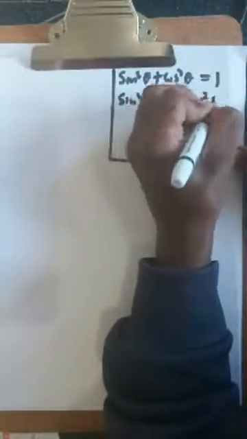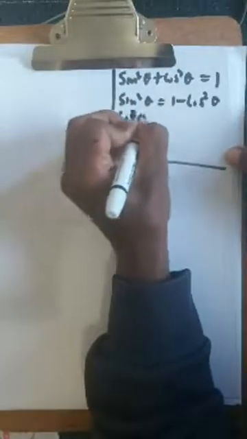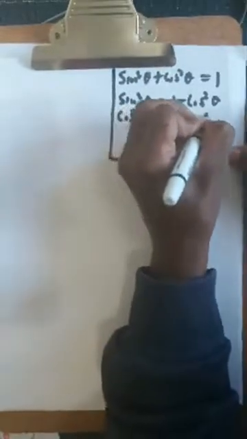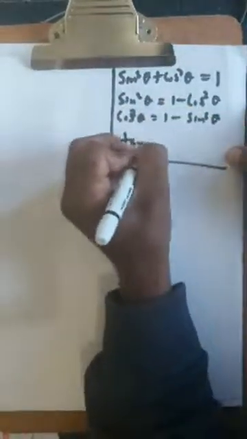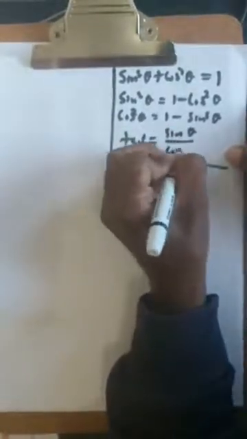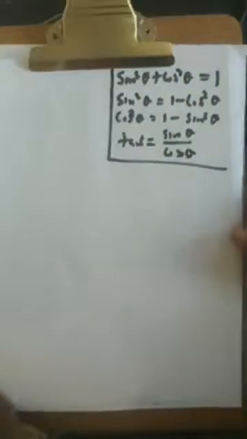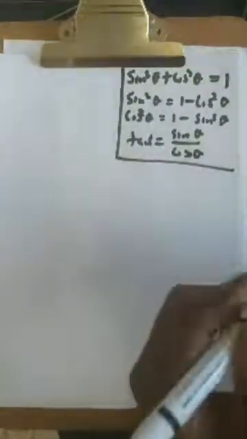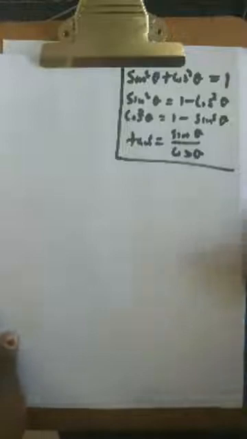So sine squared theta is equal to 1 minus cos squared theta, and cos squared theta is equal to 1 minus sine squared theta, and tan theta is equal to sine theta over cos theta. These are the trig identities that we need to know and understand.